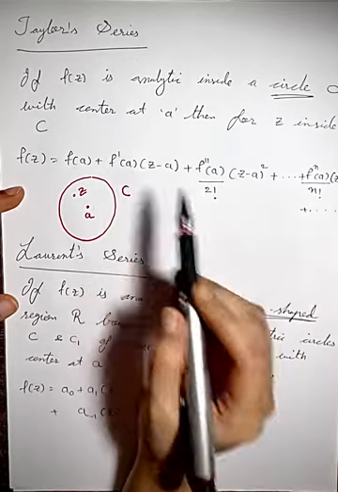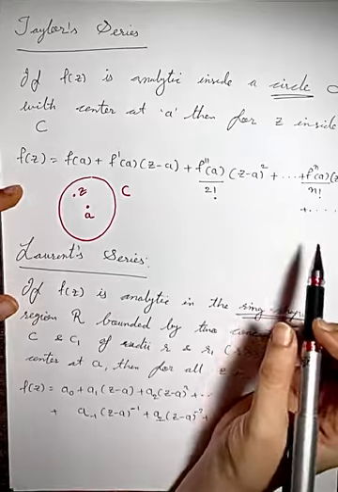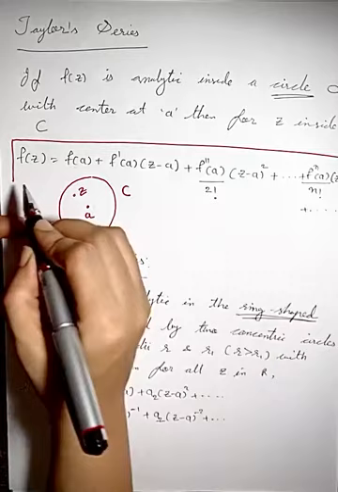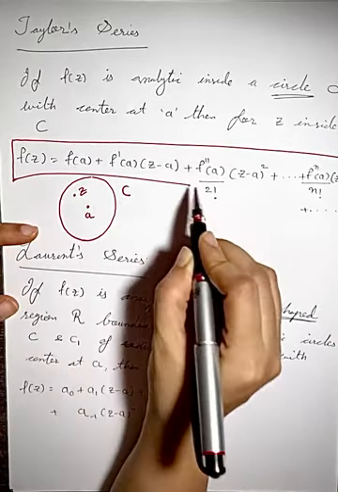Here prime means the derivative of the function. So this is the formula for Taylor series expansion.